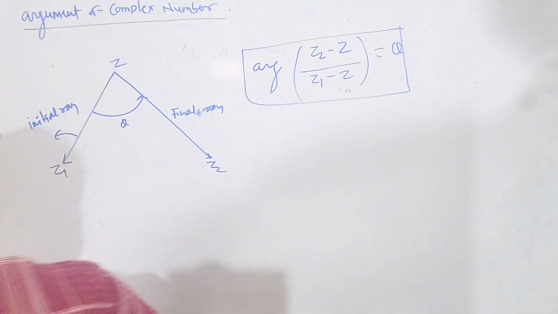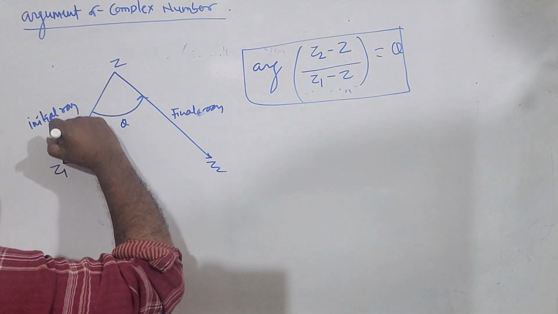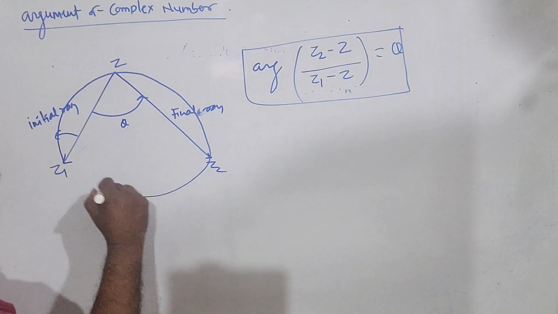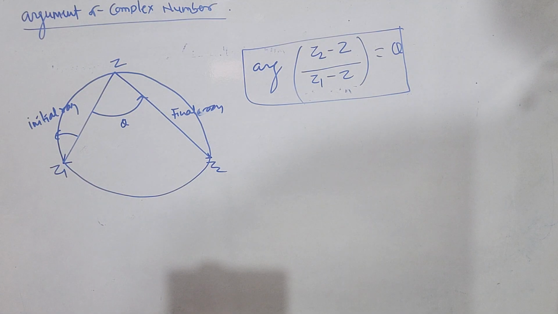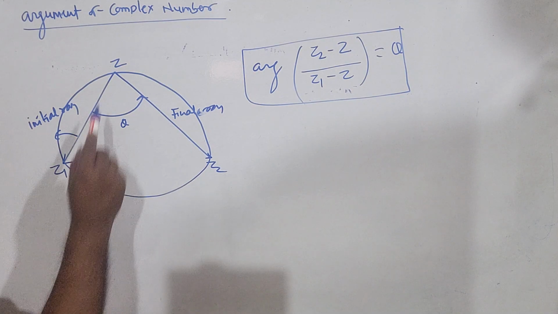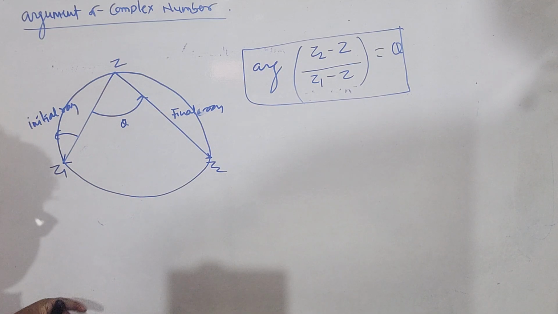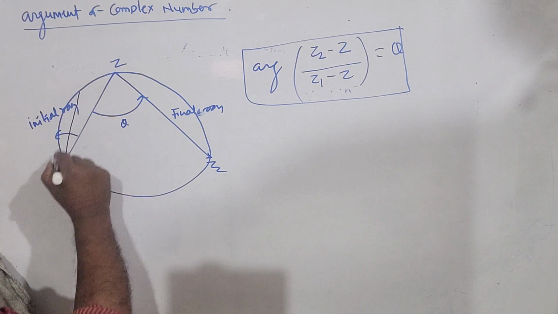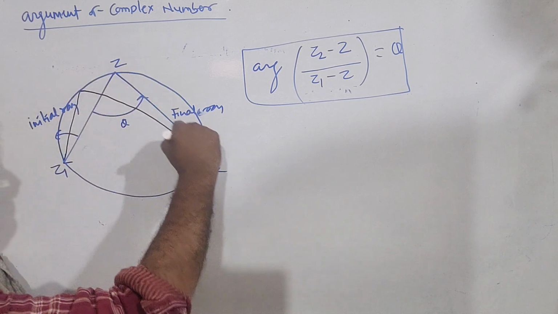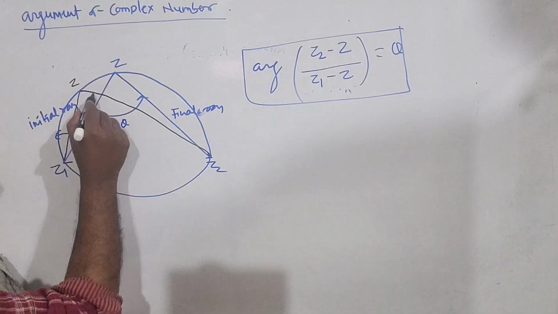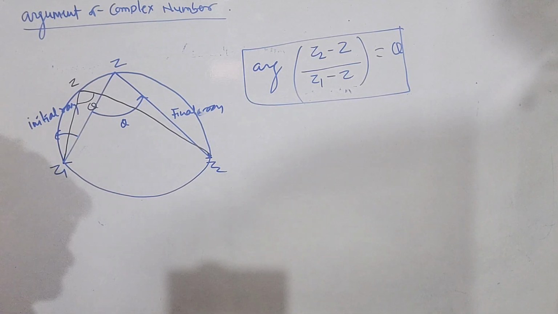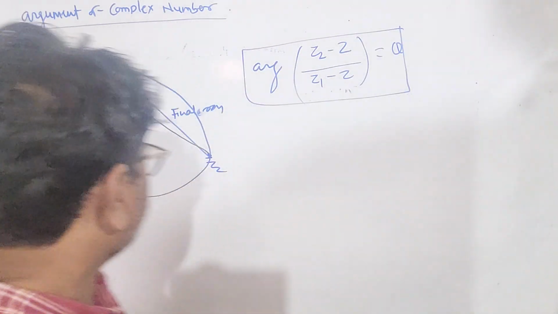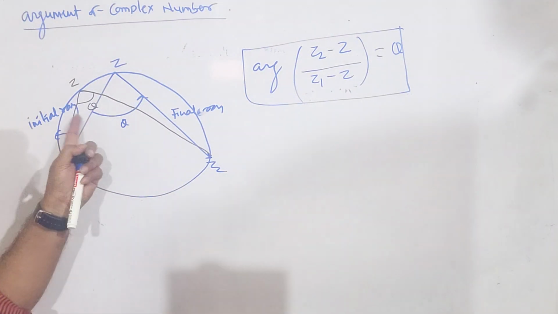If I construct a circle, like that, you can say that if Z lies here, again this angle is theta by the concept of circle, that angles in the same segment are always the same. So this theta is this theta.